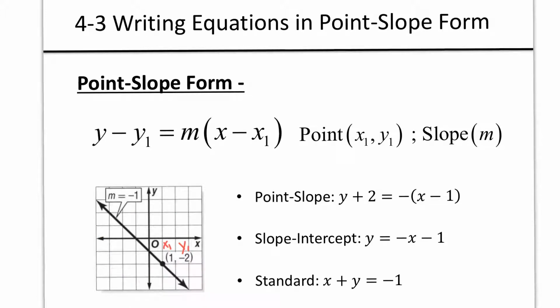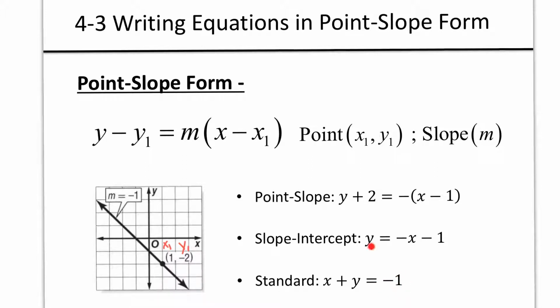Now, you can also change this slope-intercept form into standard form. So you can get the x and the y on the same side. That is standard form. X cannot be negative. You cannot have fractions or decimals. Remember that you can only have integers, but x has to be positive, and the x and the y have to be on the same side, and the constant has to be on the other side of the equal sign.